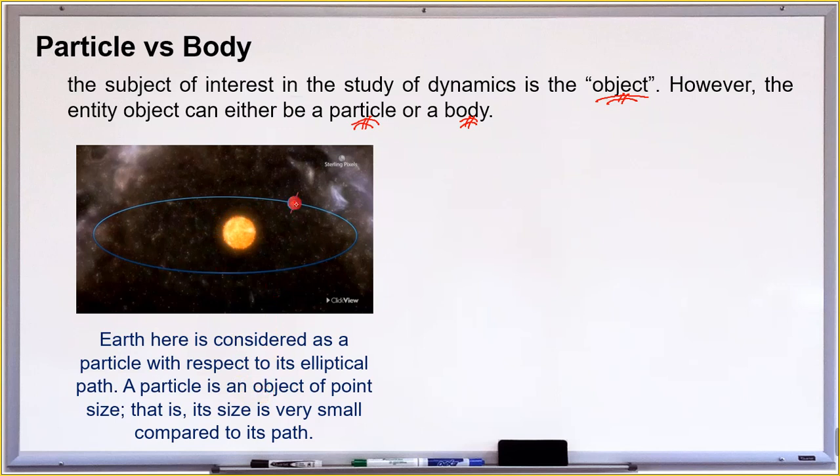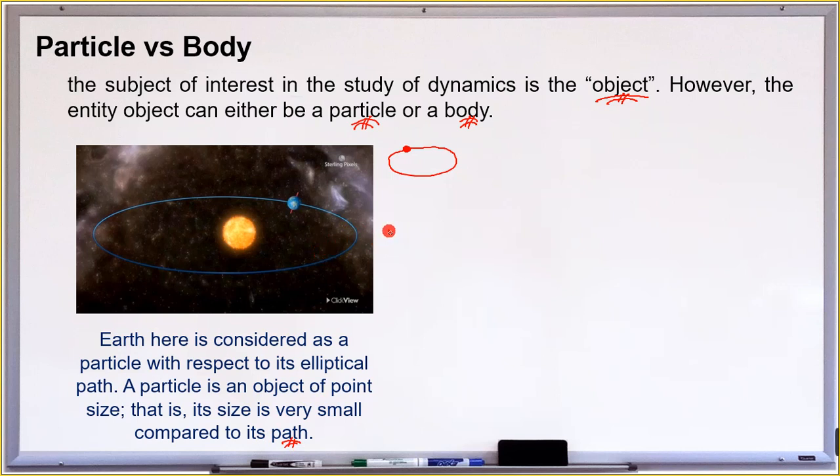We can just draw the path and assume the earth is just a point, meaning we neglect its diameter. So we can claim that this is a particle, given that its size is very small compared to its path.